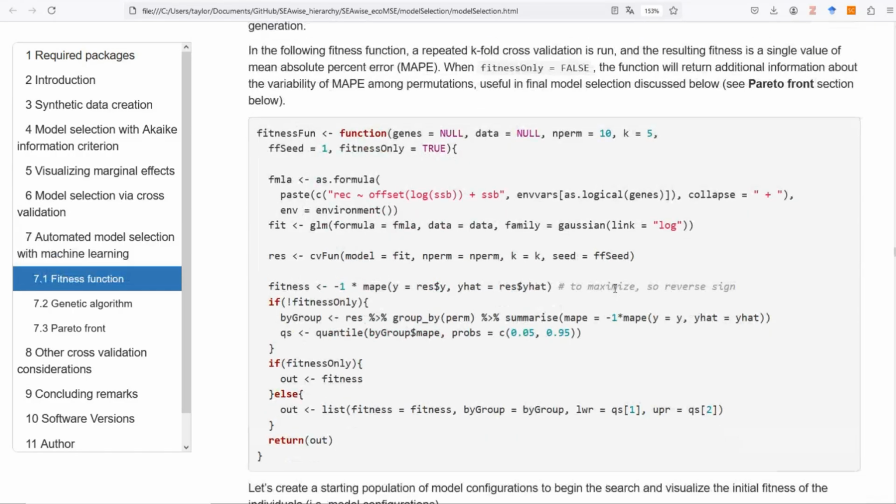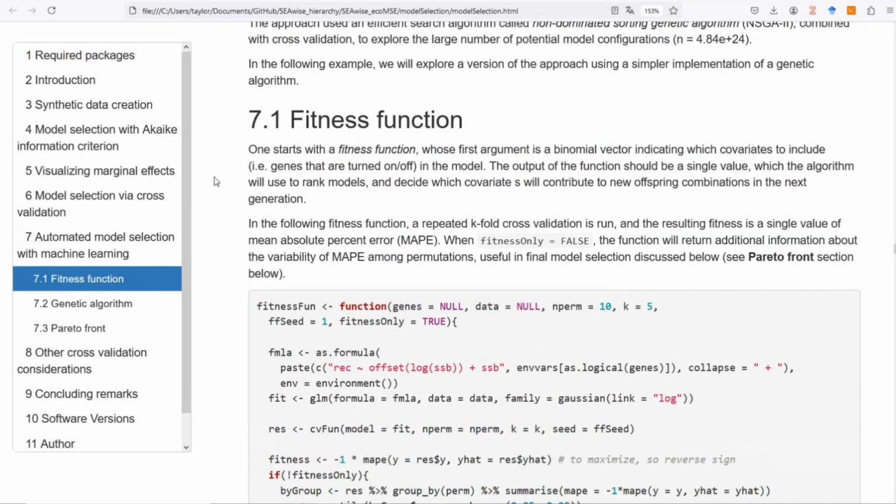Basically, what this genetic algorithm requires is a fitness function. I'll explain a little bit more what it's doing later. The fitness function is going to take a guess about the coefficients to include, provided as a binomial vector.